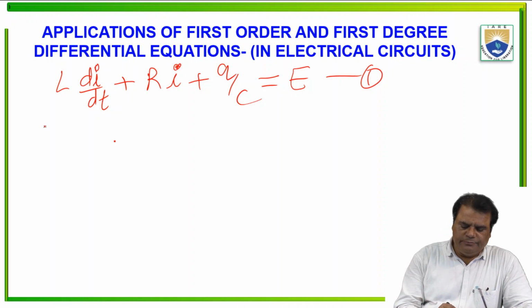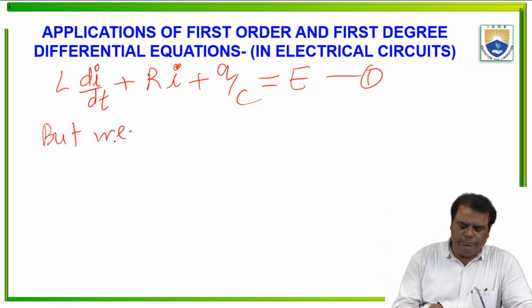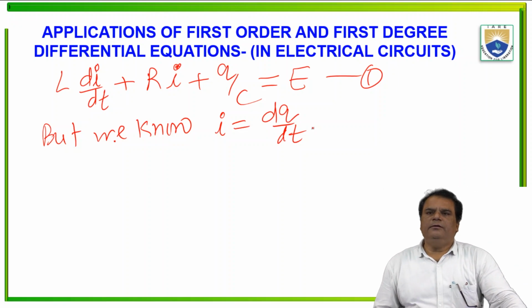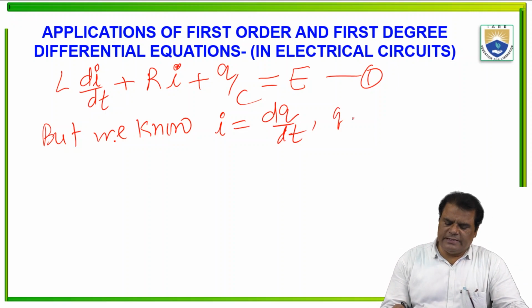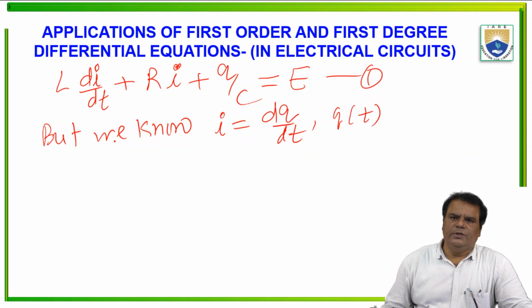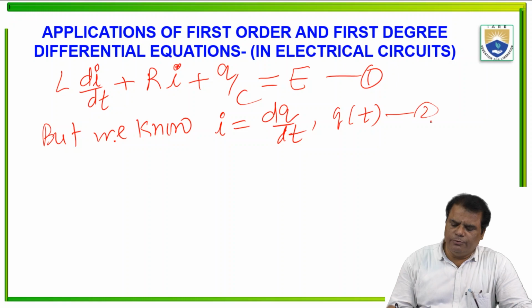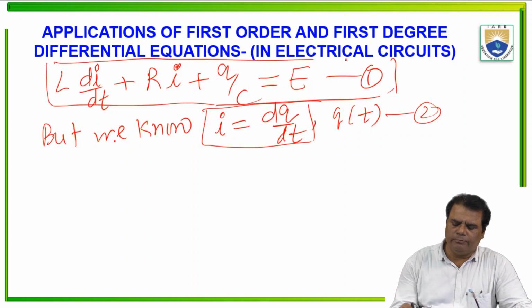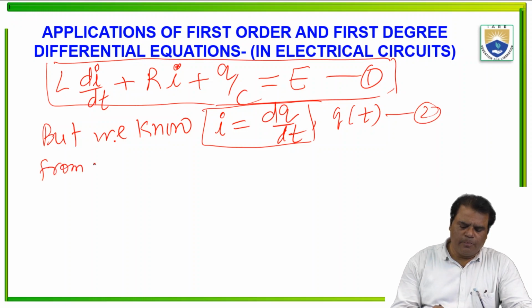Now we know i equals dq over dt, where q is some function of t. This is equation 2, putting 2 in 1.